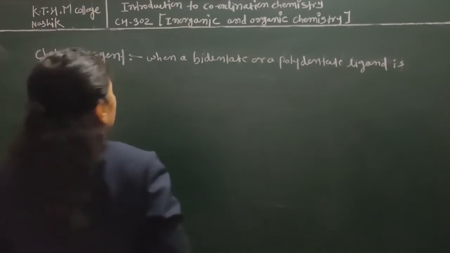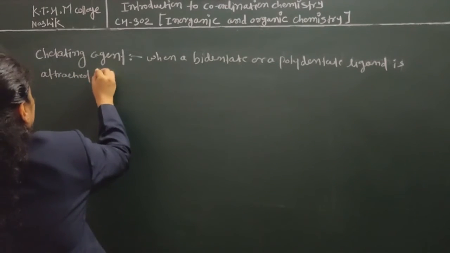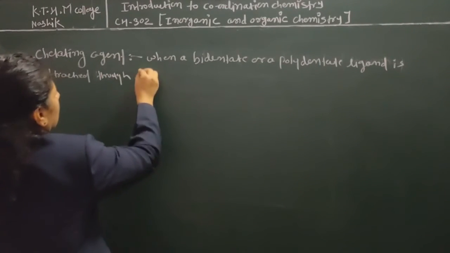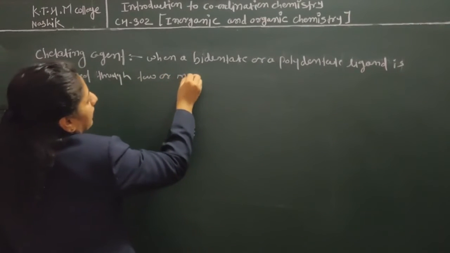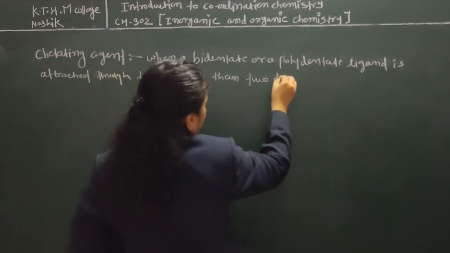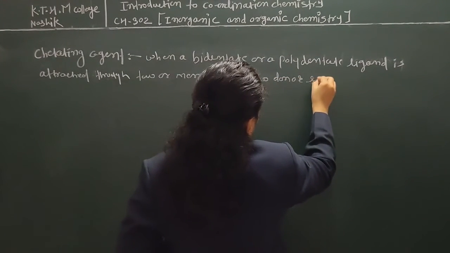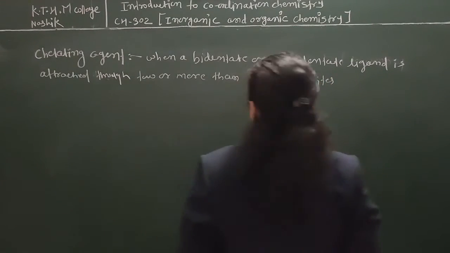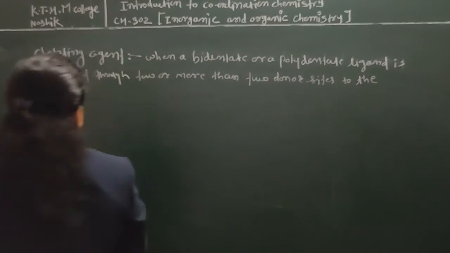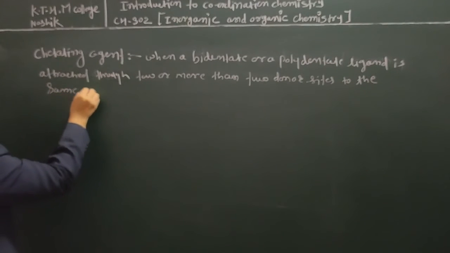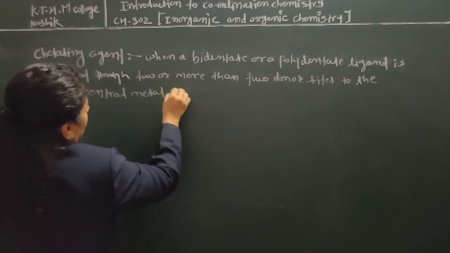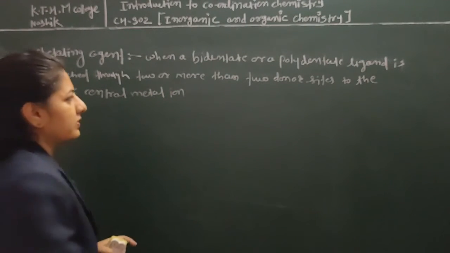through two or more donor sites to the same central metal ion, forming a ring structure.